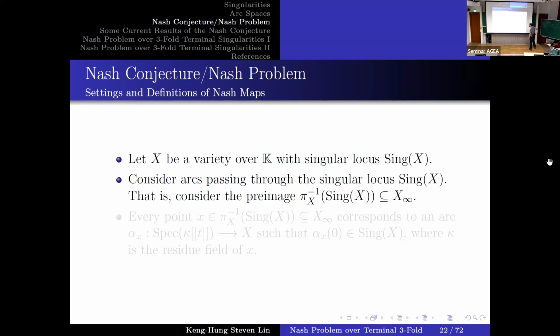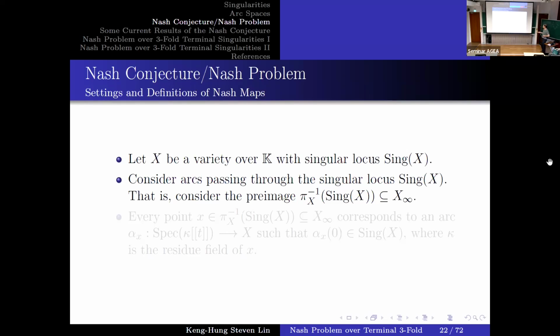Assume this is our X, and we have a singular locus here. Then we consider all arcs passing through the singular locus. Geometrically, we can treat this picture as a lot of small curves passing through this point.